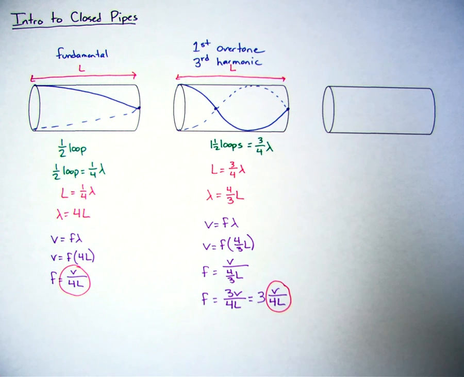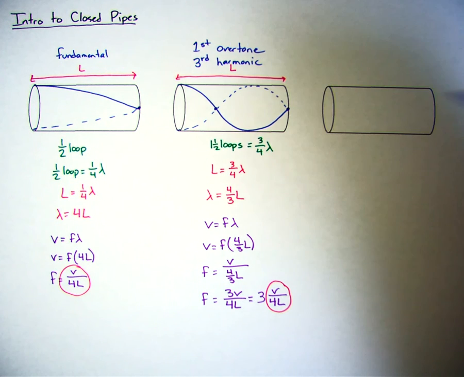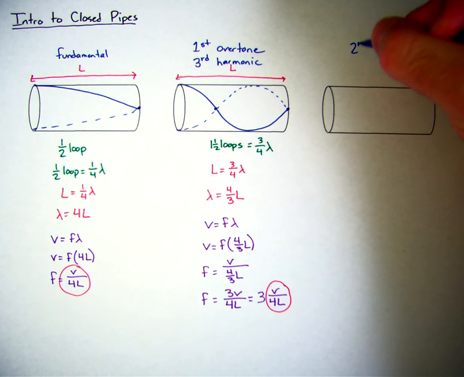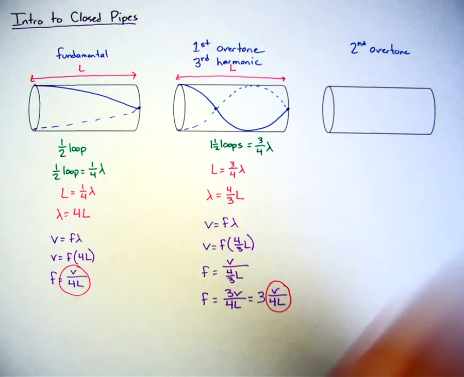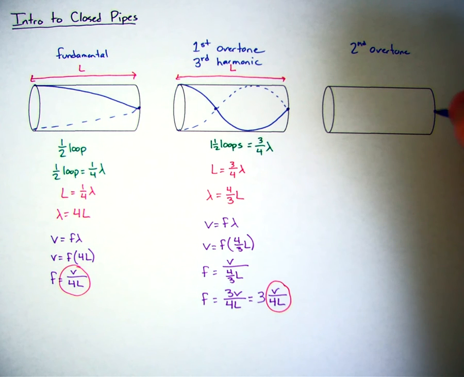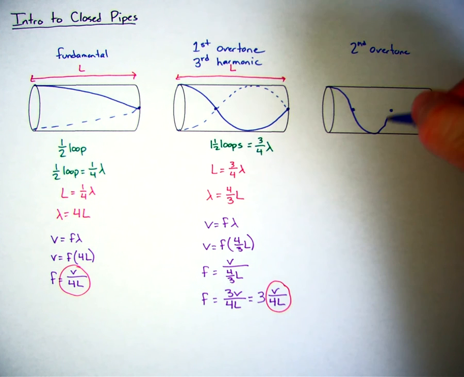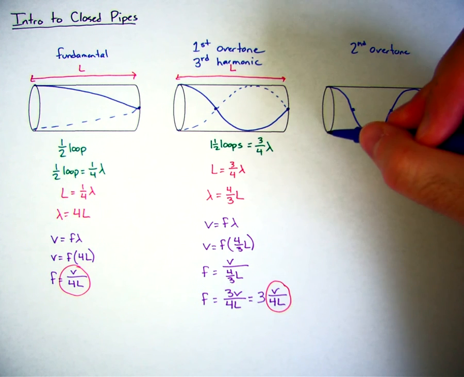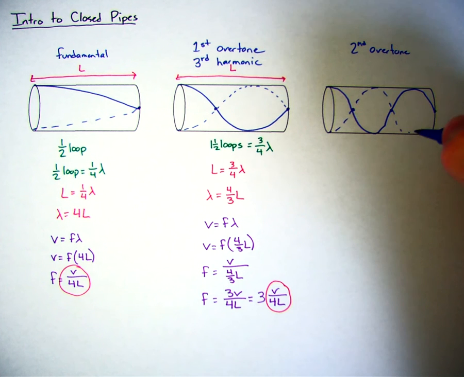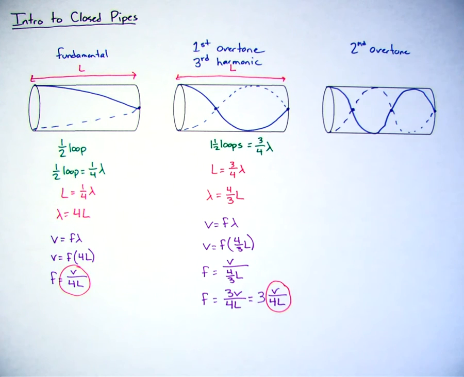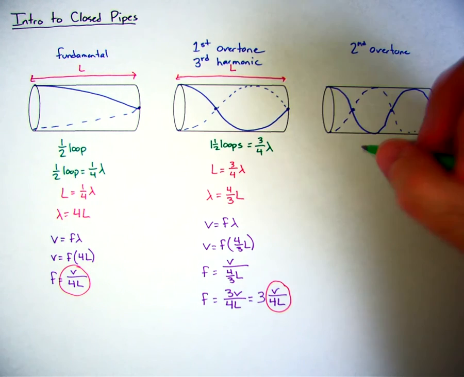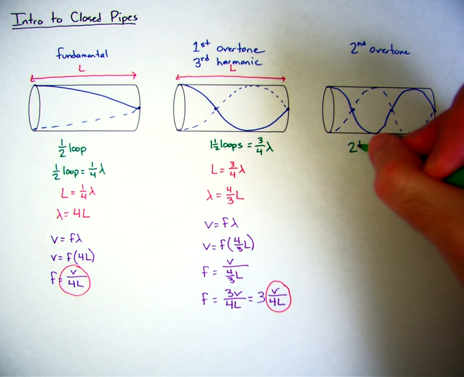If we continue on, for the next overtone, so this is the second overtone, if I create the next wave in here, this is what it's going to look like. So here's my standing wave. So now I have 2.5 loops.